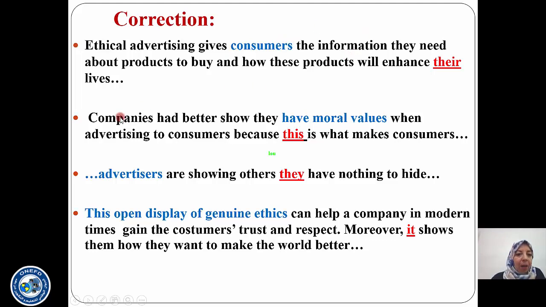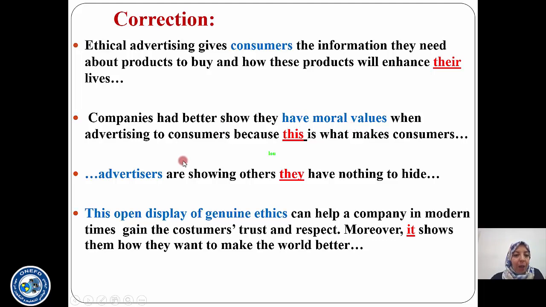Second one, companies had better show they have moral values when advertising to consumers because this is what makes consumers feel confident, okay? So what makes consumers feel that way? It is having moral values, okay? When the company has moral values. This is how the answer should be.